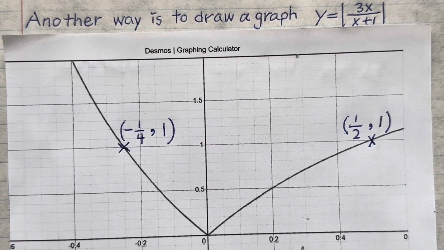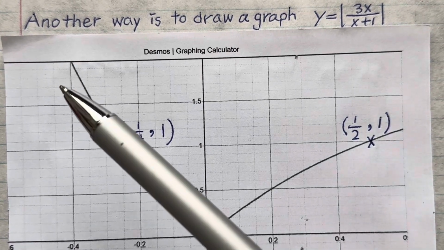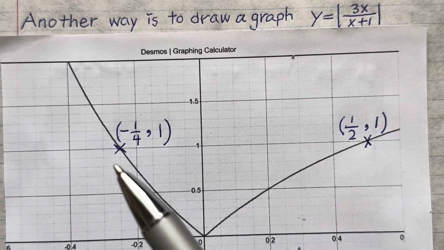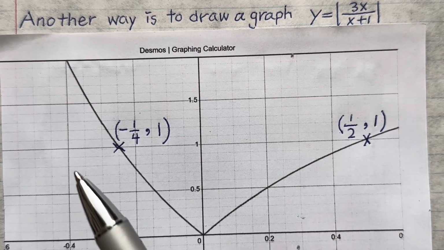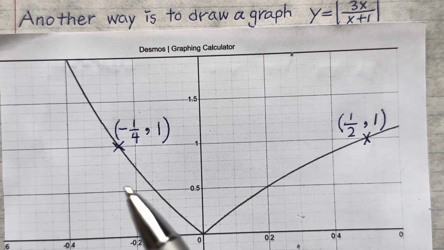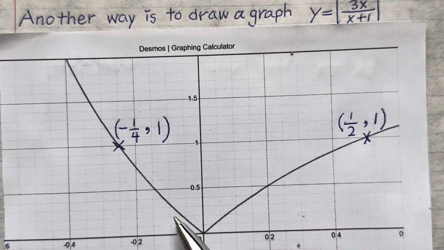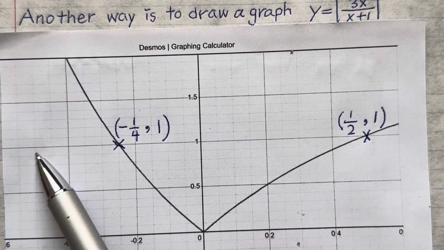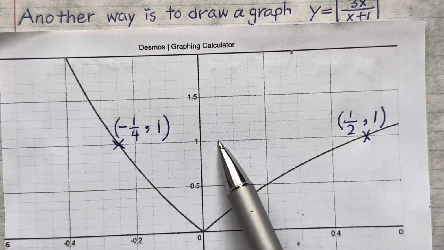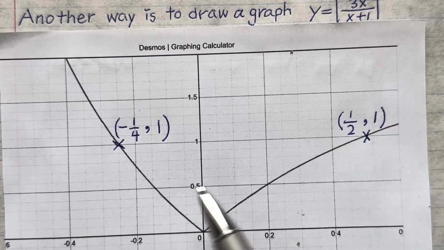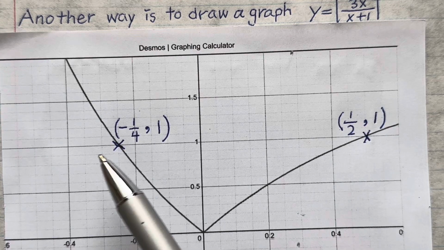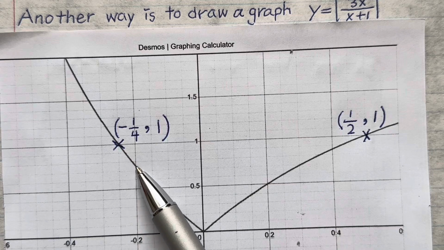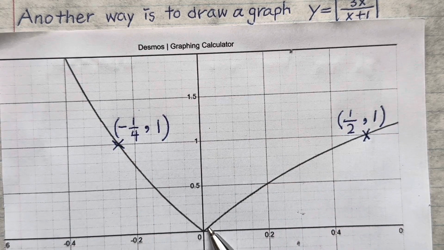This is not the whole graph. It's only a part of the graph because I only want less than 1. The graph is less than 1. So below this horizontal line, below this. So my answer graphically is this part of the graph.